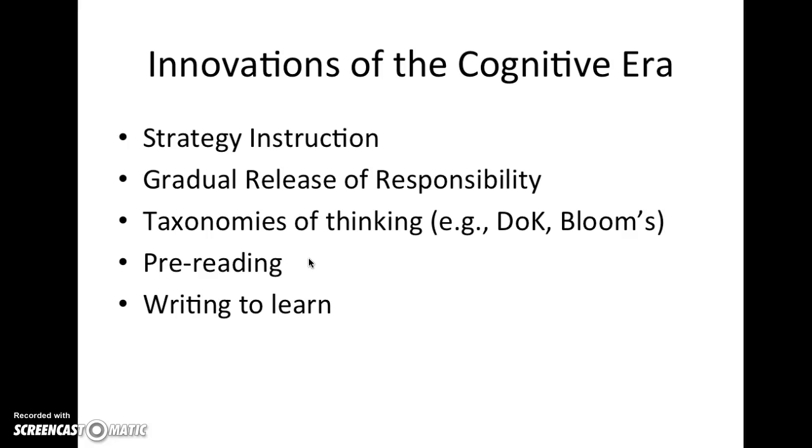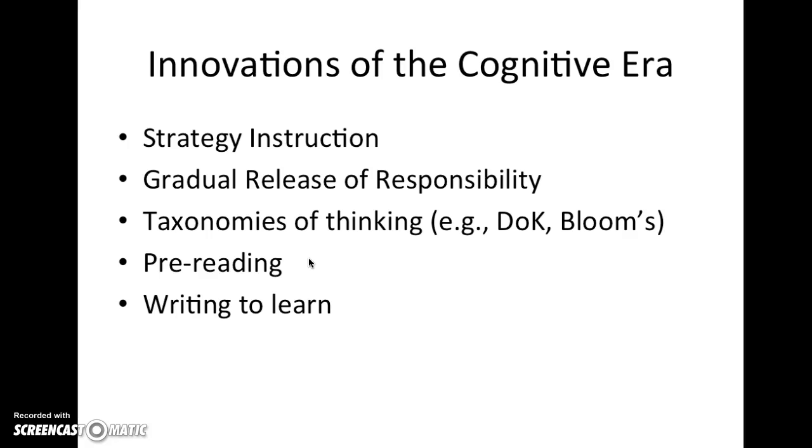One thing that came a little bit before the cognitive era, but really became a central aspect of it, was what we would call a taxonomy of thinking, right? Bloom's taxonomy is actually from the late 50s, early 60s, but depth of knowledge, a lot of the research came out of the early 90s, this idea that there are different levels of thinking and that the brain can be scaffolded up and down that.